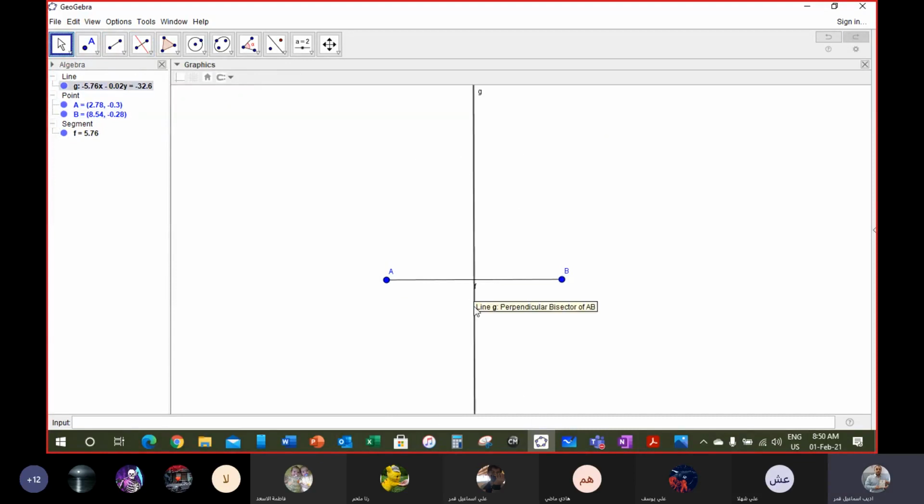The points of intersection of the arcs هن ال vertices او the other two vertices of the rhombus. We join them with AB من تحت ومن فوق، بوصلهم مع السيجمنت، بيطلع عندي rhombus.